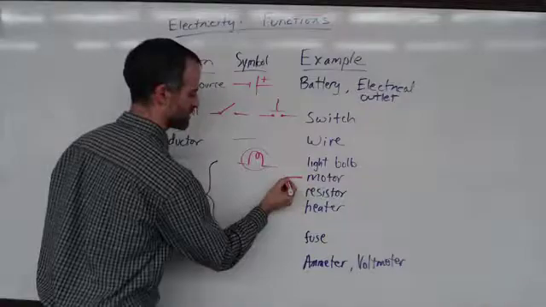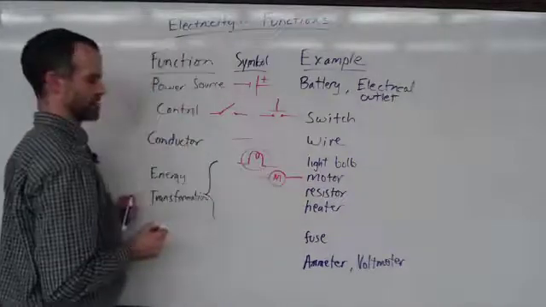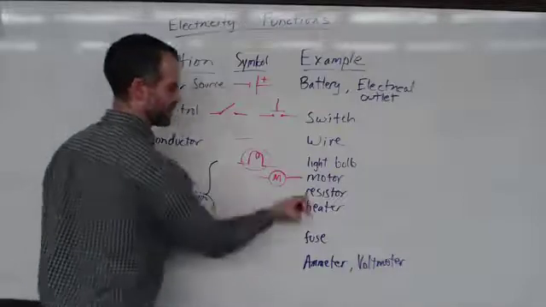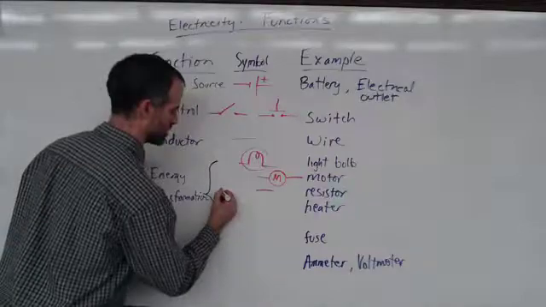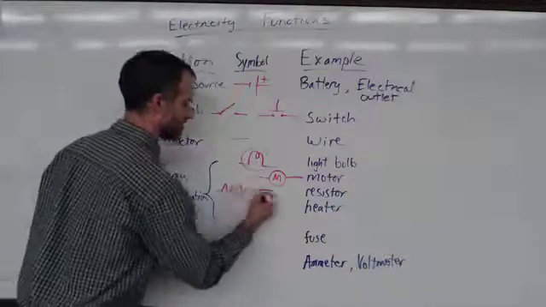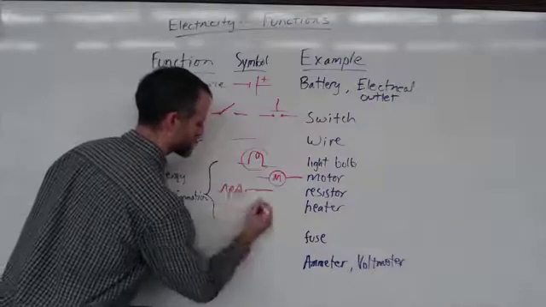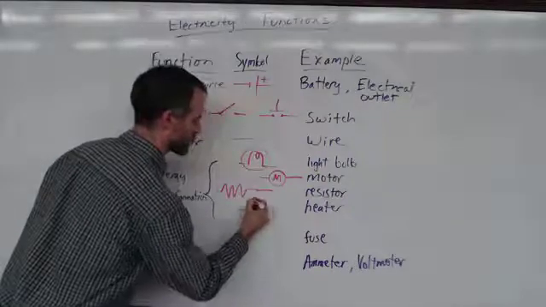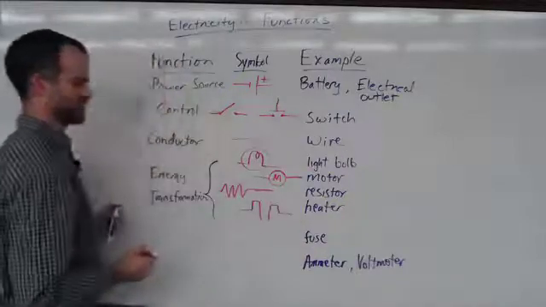A motor, the symbol is, that's easy, an M in a circle. A resistor is the thing that transforms energy to thermal energy, to heat, and it's a squiggly. And a heater is kind of like this, but instead of being squiggly, zigzag, it's more of a square shape going up and down. Okay?